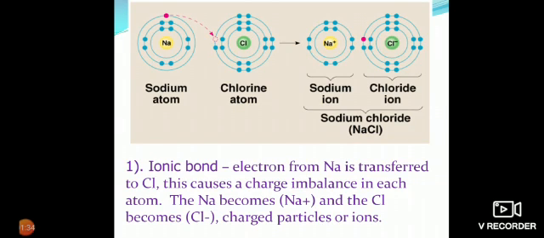This causes a charge imbalance in each atom, and sodium becomes a positively charged ion, and chlorine becomes a negatively charged particle or ion. You can see in a figure the formation of an ionic bond, sodium and chlorine.